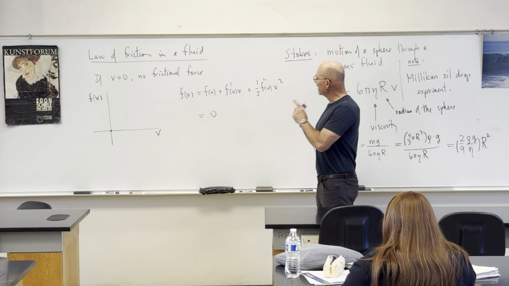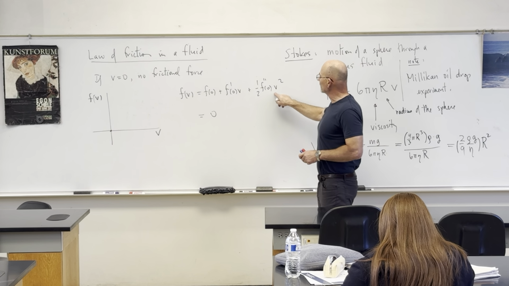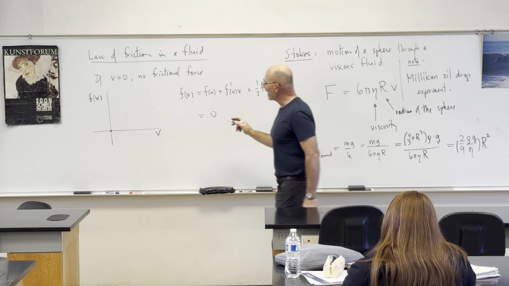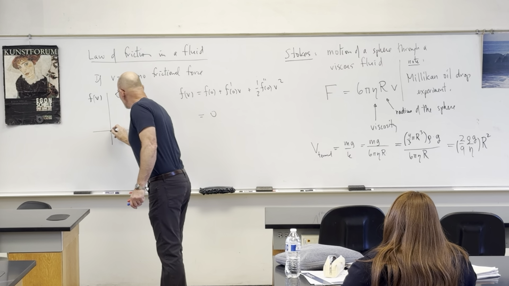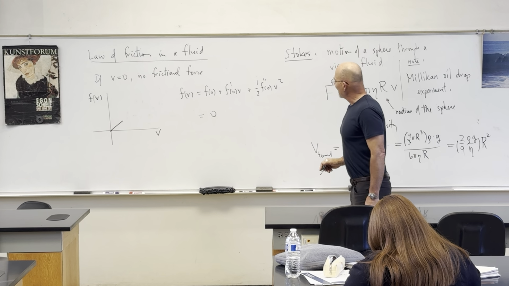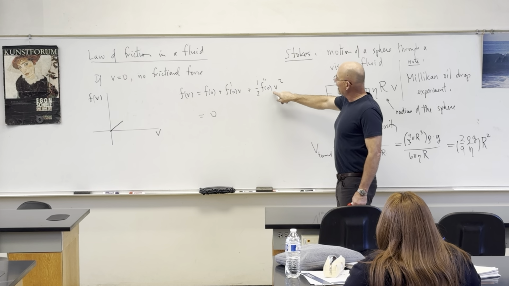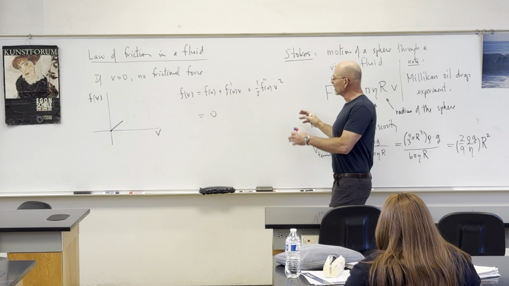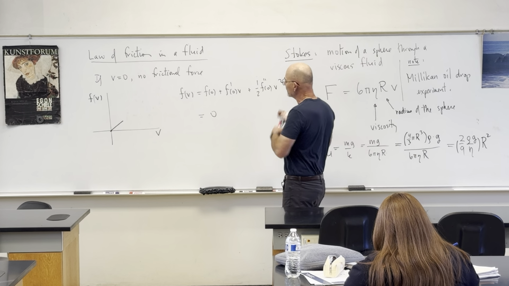Now there's no proof that it has to be linear. This could be the first non-linear term, except when you do the calculation, you find a linear term. So for that reason, our function is going to start out linear. But if there's a quadratic term, it's going to take over at higher speeds. That's just the nature, a linear approximation and a quadratic approximation.